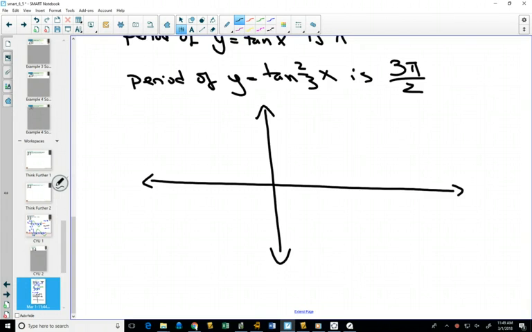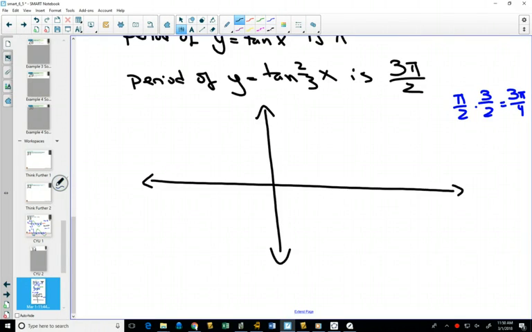For graphing this, what I would do is I would start with my asymptotes. My asymptotes of tan, my first one's at pi over 2, my first negative one is at negative pi over 2. If I took pi over 2 and multiplied it by 3 over 2, I would get 3 pi over 4.